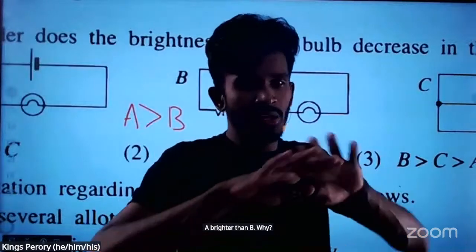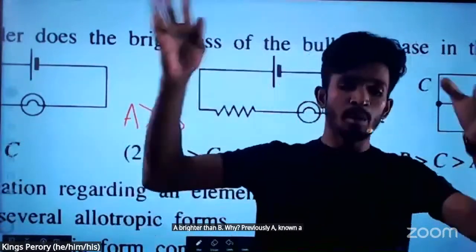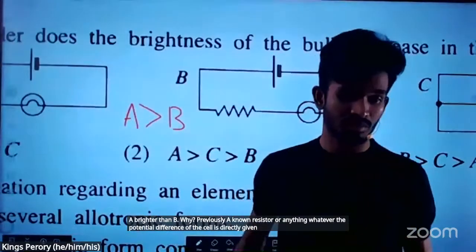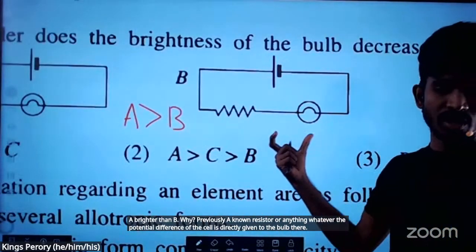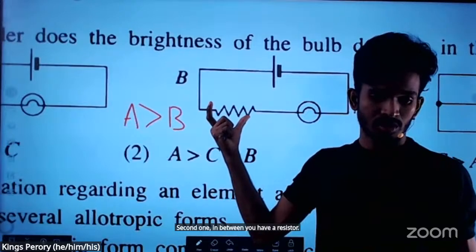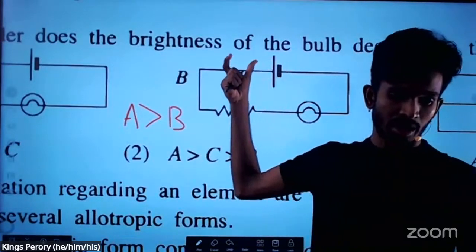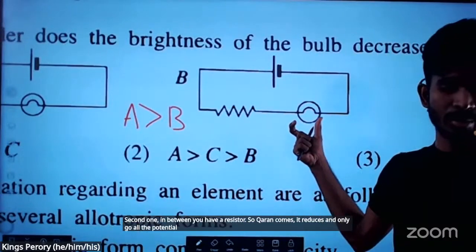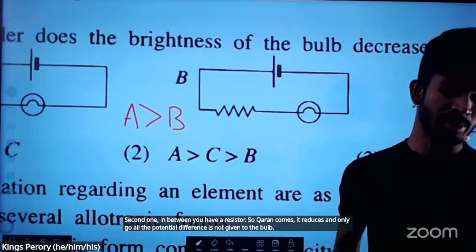In A, there is no resistor or anything. Whatever the potential difference of the cell is, it is directly given to the bulb. In the second one, in between you have a resistor. So the current comes, it reduces, and only then goes. All the potential difference is not given to the bulb, so the brightness will be less.